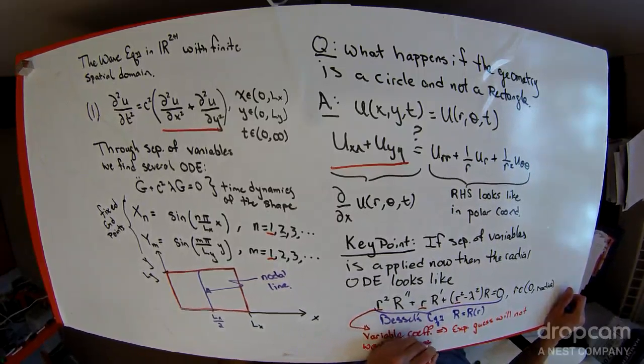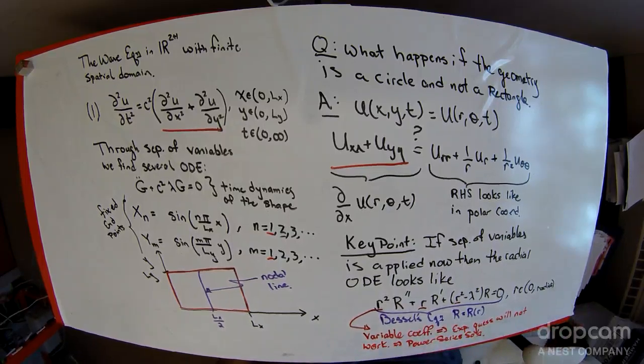And what that means is that we have to guess a power series solution. So without getting into the details associated with this PDE, in the next video what I'll talk about is the power series solution technique.